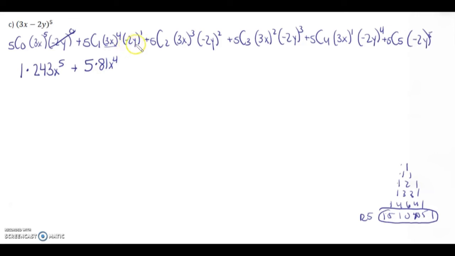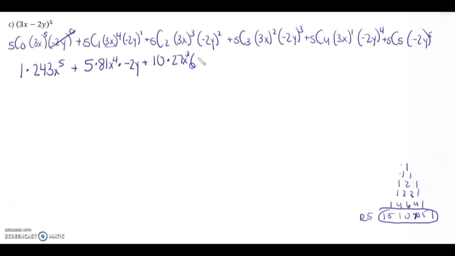Now, negative 2y to the 1, we can just put times negative 2y. Okay, we're going to come back and multiply all of these. 5 choose 2 is going to be 10. 3 to the exponent 3 is 27. Yep. So this is going to be 27x cubed.